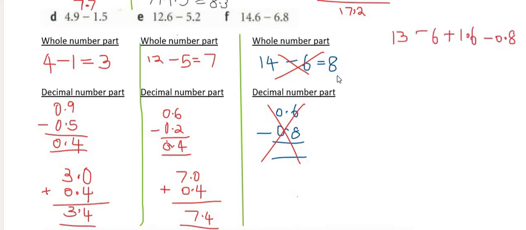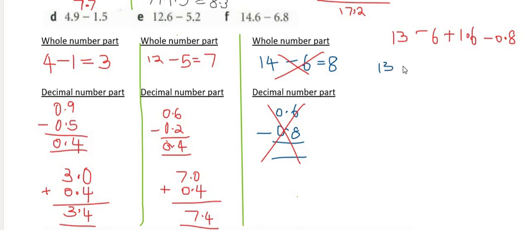Now we make a small adjustment. Instead of taking the whole number part as 14 and 6, we reduce 1 from the whole number and take that 1 with the decimal number part, and we write it as 13 minus 6. 13 minus 6 is equal to 7.